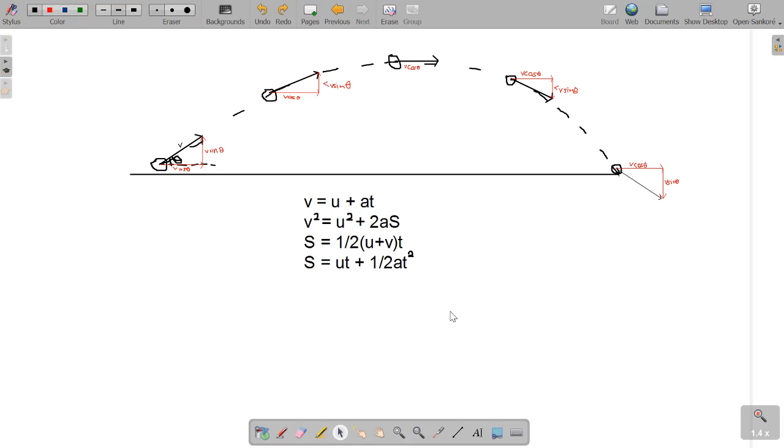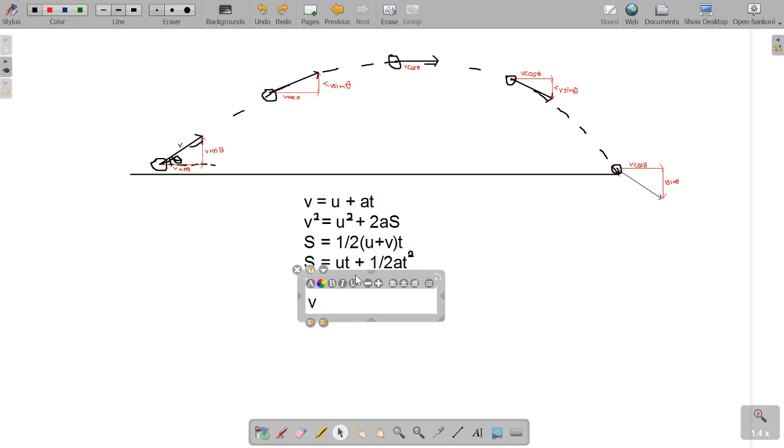So now I'll take you through how to use these equations. Let's say you want to find the max. Let's give v and theta a value.